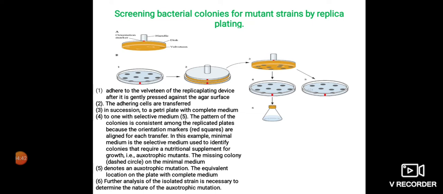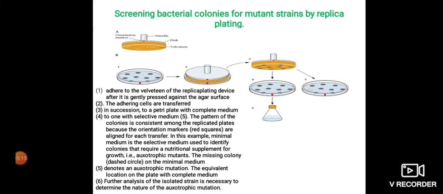Then at the top, in A, you can see the stamp. Just like people do stamp sealing for nameplates and all, in the same way here we take a stamp-like object, which is covered with aseptic or disinfected muslin cloth, or sometimes people use velvet cloth material, which can adhere to the bacterial cells.